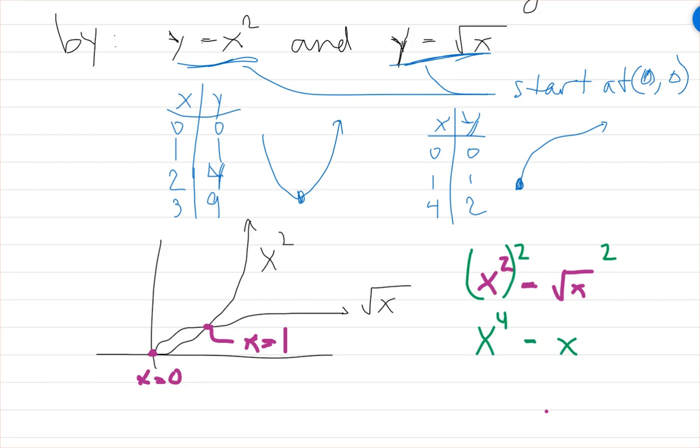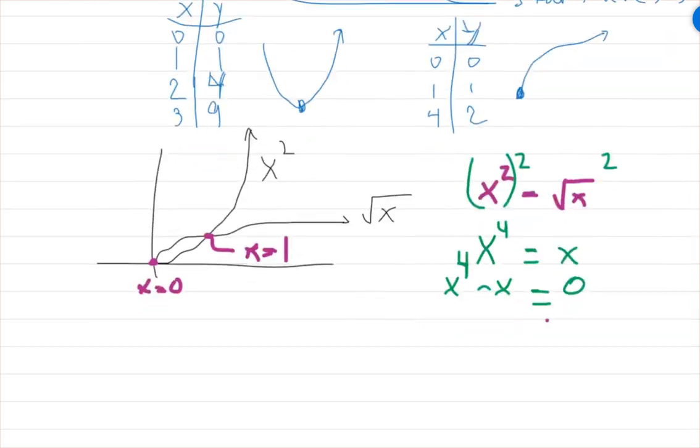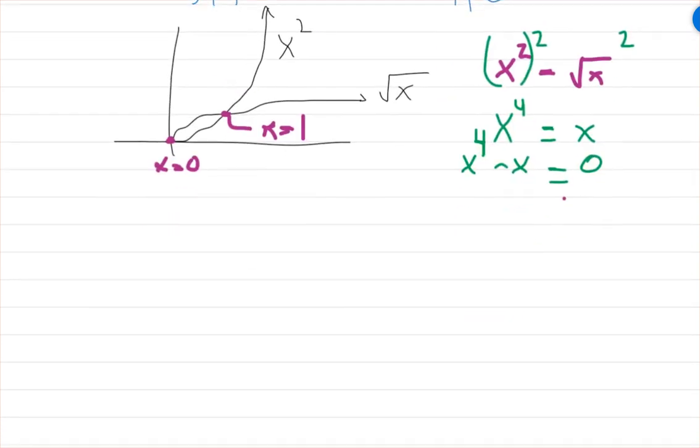Now, move this guy over. So we get x to the 4th minus x equals 0. And we're going to do a little factoring here. So we're going to say x times (x cubed minus 1) equals 0.